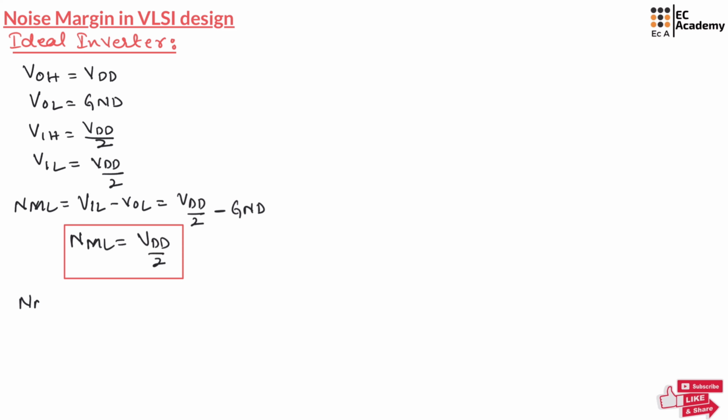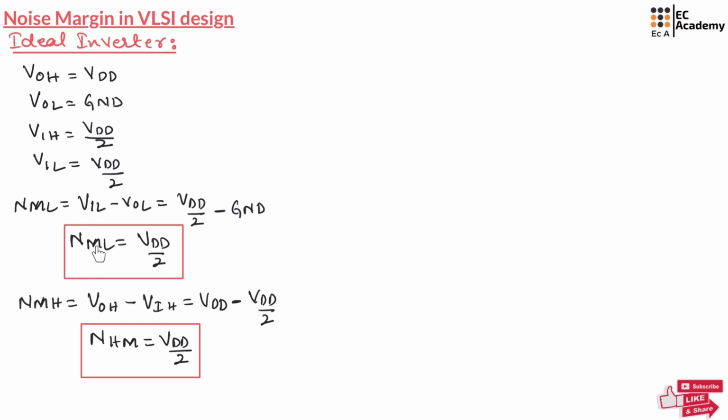Similarly, NMH is equal to VOH minus VIH. VOH is VDD and VIH is VDD by 2, so VDD minus VDD by 2 is VDD by 2. So for an ideal inverter, both NML and NMH are equal to VDD by 2.